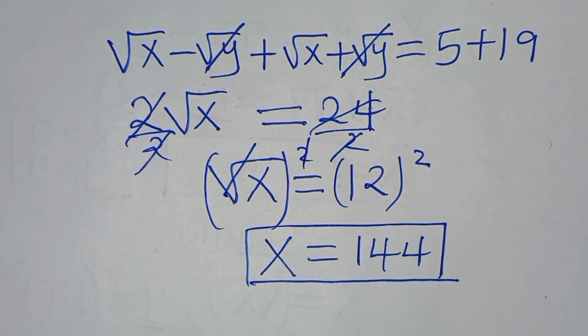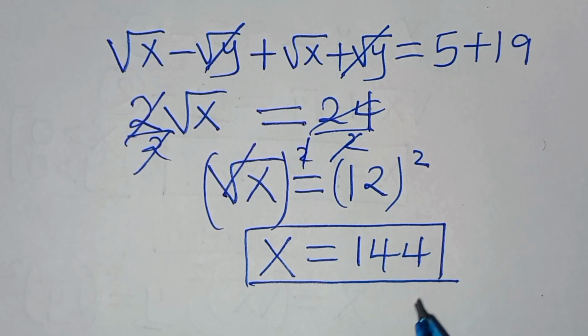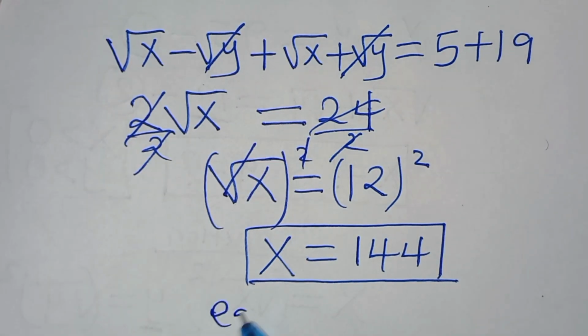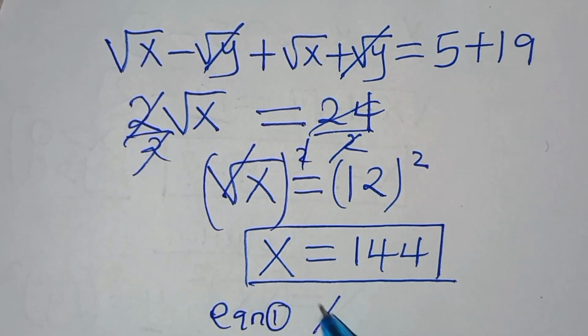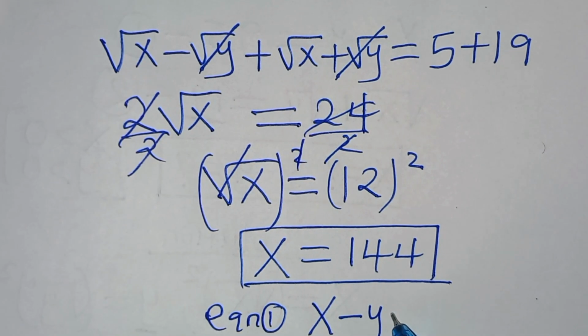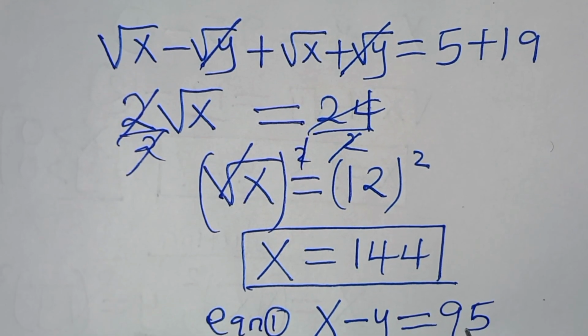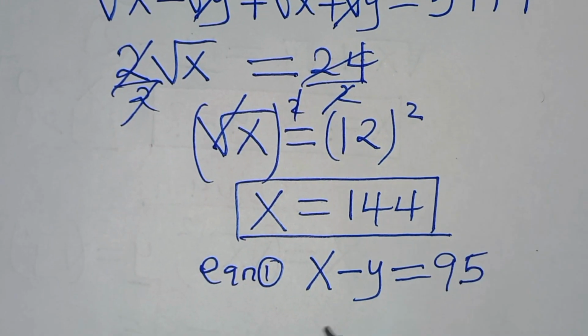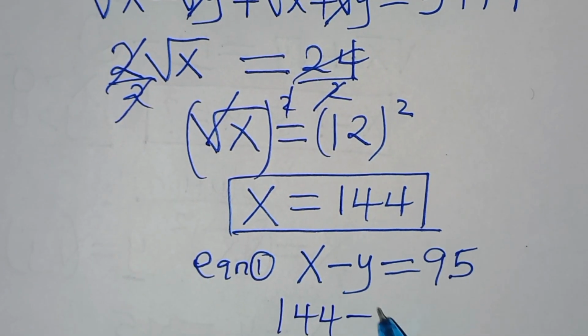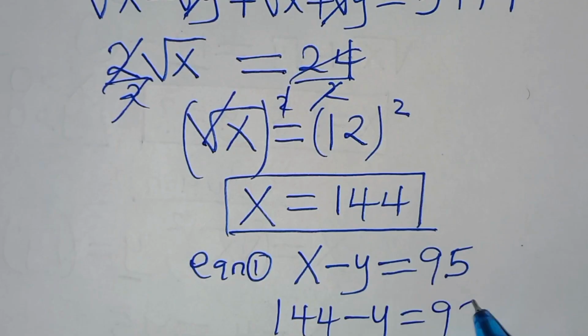Now, to solve for the value of y from equation 1, x minus y is equal to 95. So we have 144 minus y equal to 95.